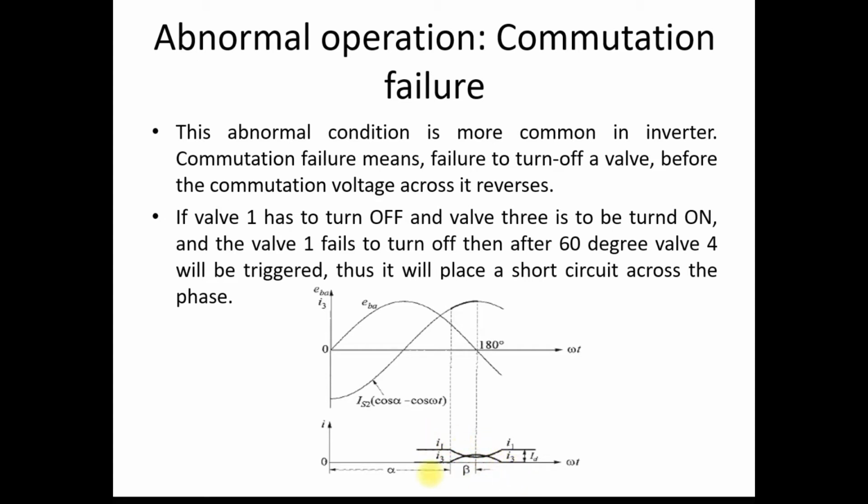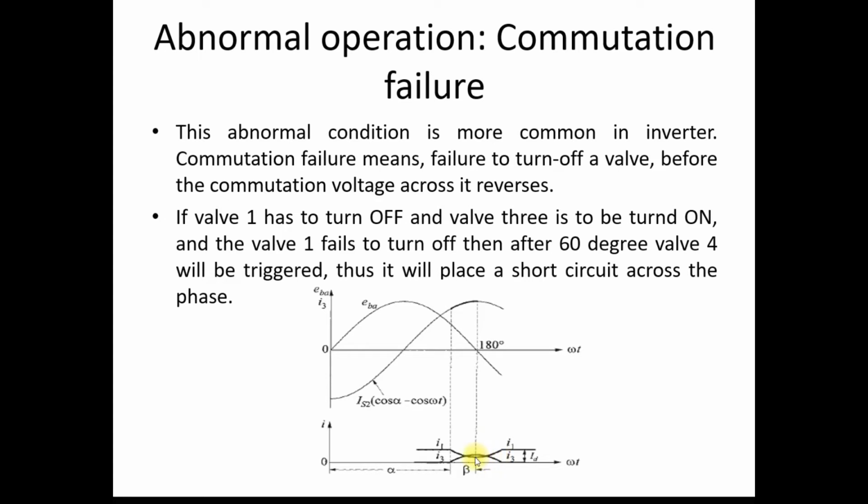But you can see that when it reaches 180 degrees, what will happen? The commutating voltage after 180 degrees becomes negative. So when the commutating voltage becomes negative, your incoming valve current is reducing. You can see that the valve current I3 is reducing because now the commutating voltage is negative.